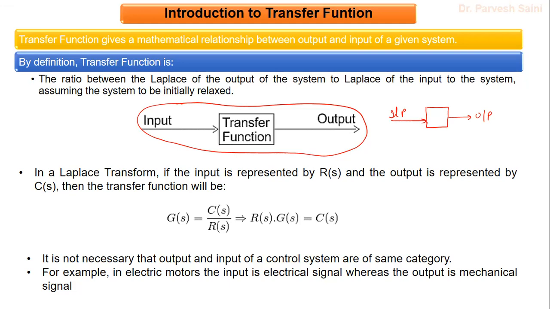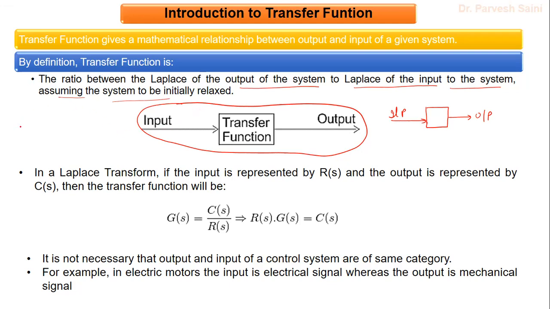So this mathematical relationship between these two is the transfer function. However, there is a special condition for this, and the condition is that the system must be initially relaxed. So by definition, we can say that transfer function is the ratio of the Laplace of output of the system to the Laplace of the input to the system, assuming that the system is initially relaxed.